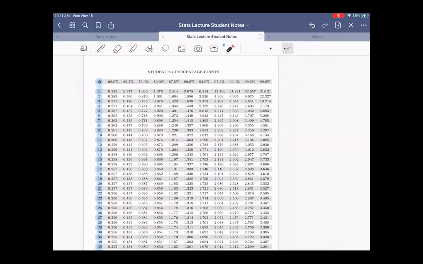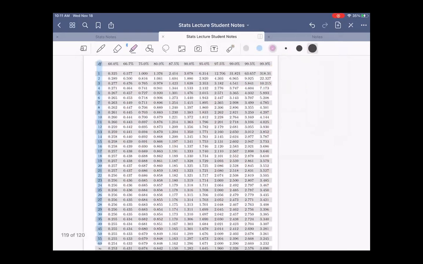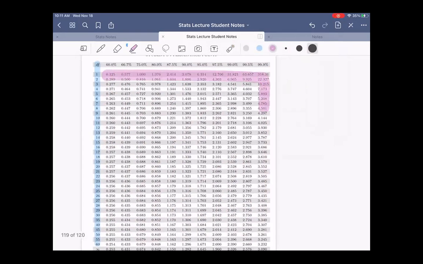And then instead of having the percentages inside the table and looking for the corresponding values outside, what you have is that these are the percentages and these are the boundary points. Okay, so I'll color code everything. Hopefully that will help you a little bit. So here, everything that's inside the table corresponds to the boundaries.